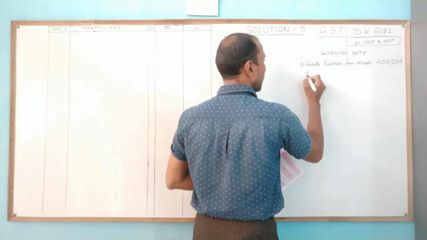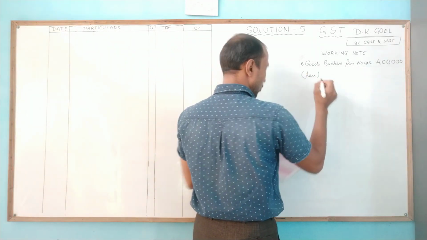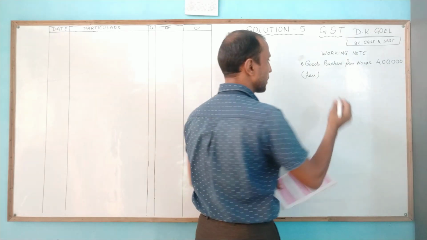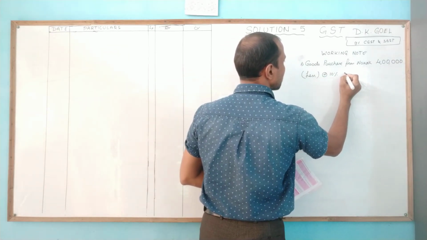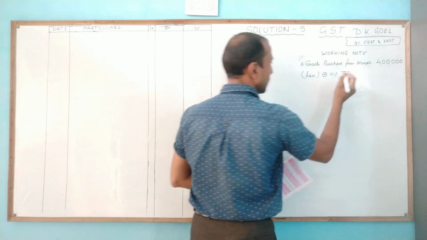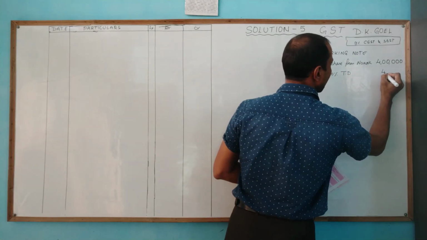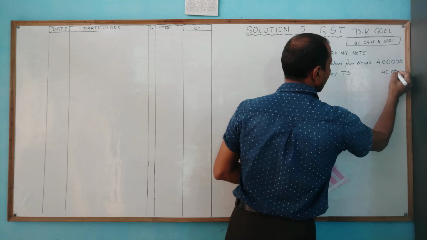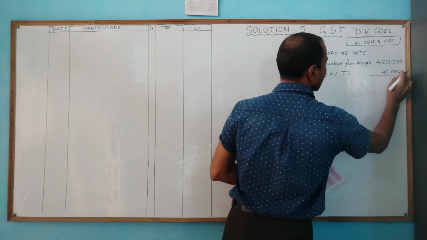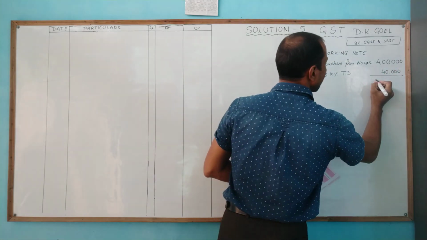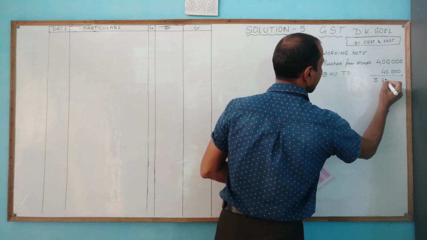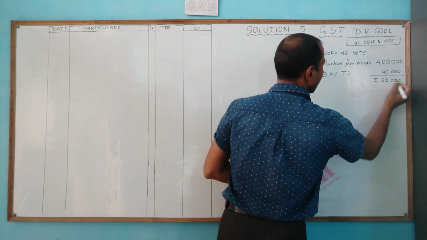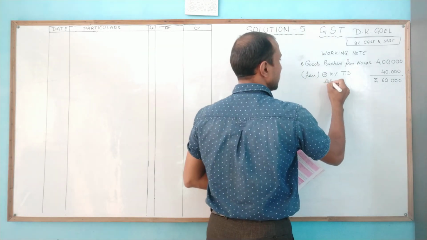So here we will write less trade discount, how much is given? It is 10%. So at the rate of 10%, trade discount of 4 lakh is 40,000. So this comes to 3 lakhs 60,000.